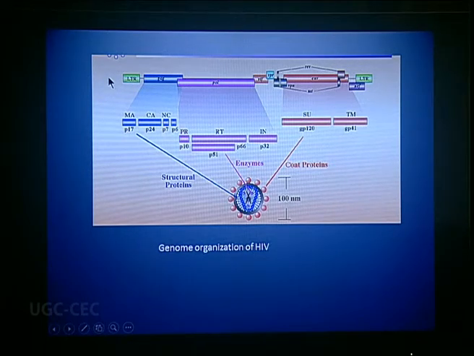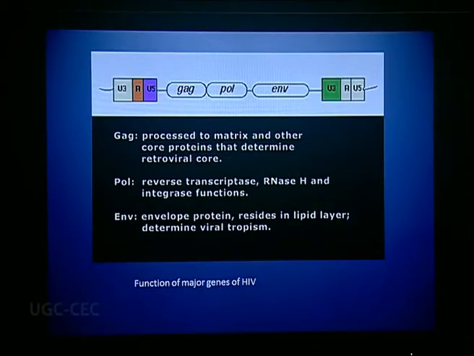This is a very hallmark of this viral genome. When I talk about the genes, there are 9 major genes, 3 major and 6 minor. Out of these 3 major genes, they are GAG, POL and ENV.